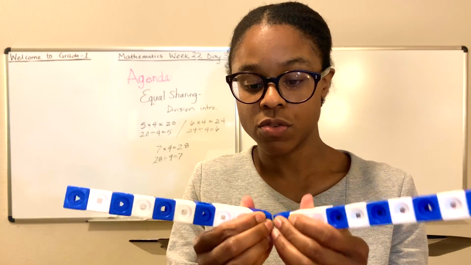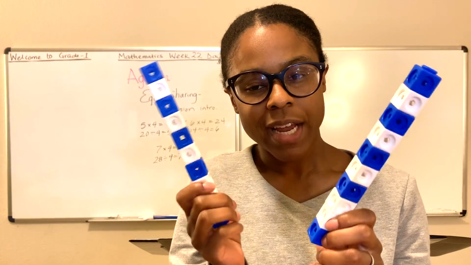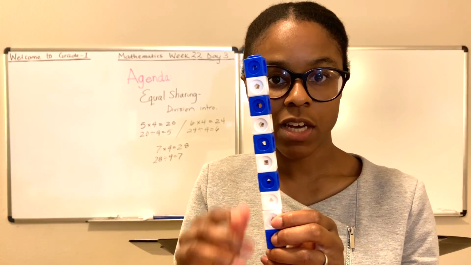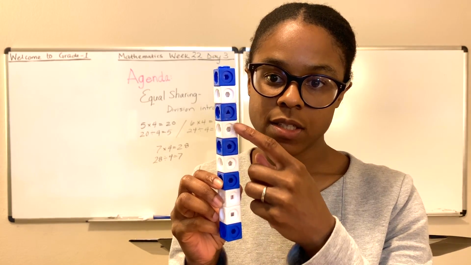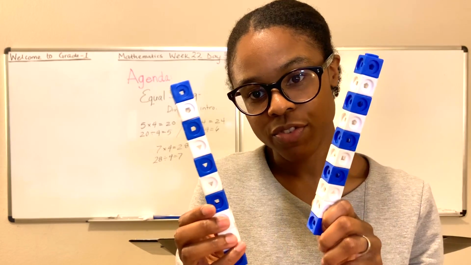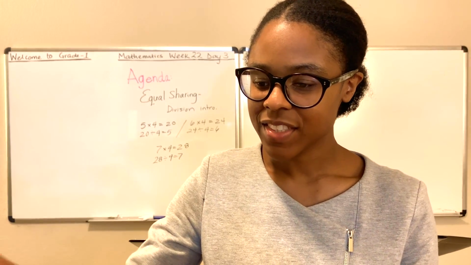I need to break this into 2 parts, 1 for me, 1 for someone else. But how many will each of us get now that we've broken it into only 2 parts? Let's count using just 1: 1, 2, 3, 4, 5, 6, 7, 8, 9, 10. So 20 shared with 2 friends is 10 each. Can you see that? Great work.